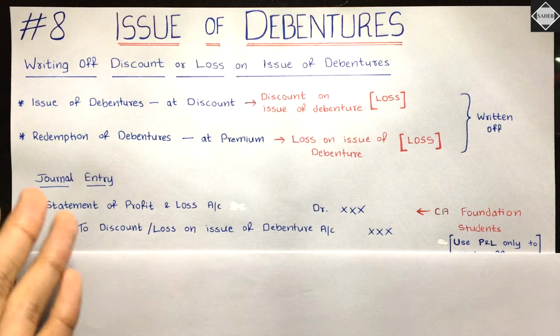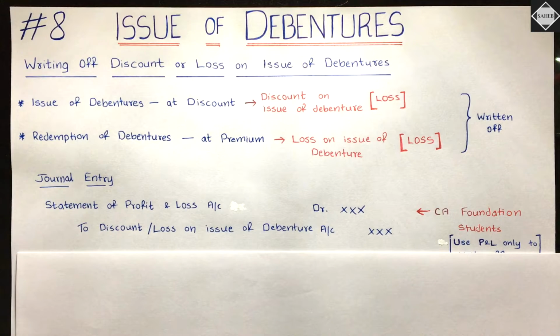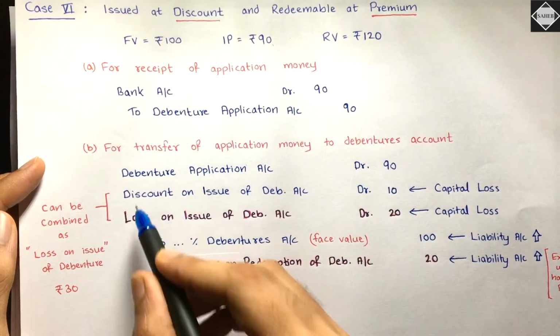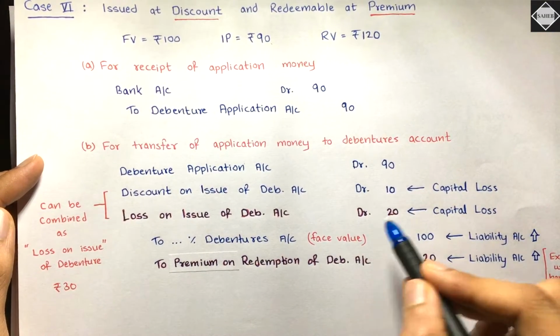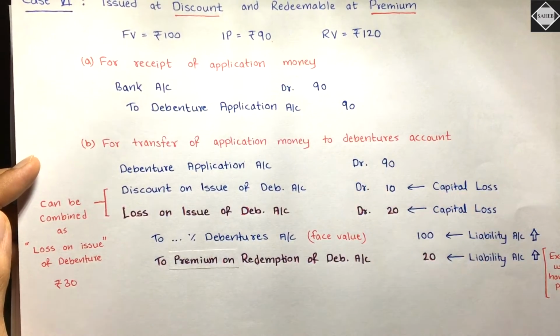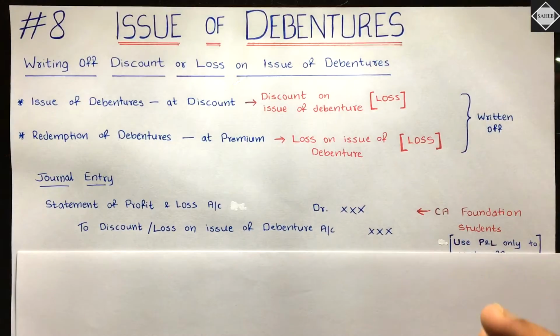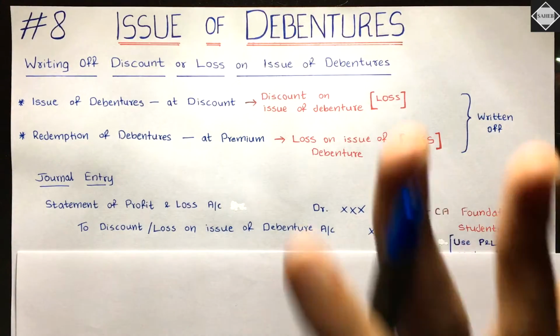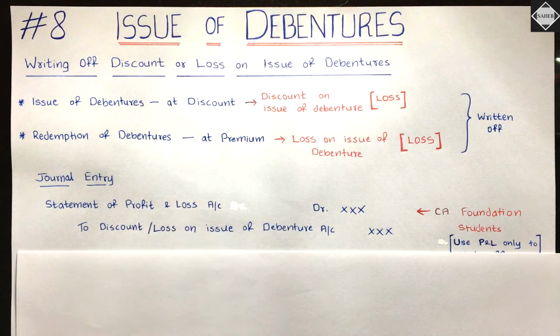So what is happening in this journal entry? See, it's really simple. First, at the time of issue, you debited discount and loss on issue of debenture. 10 rupees loss has happened, 20 rupees loss has happened. You recorded them. And then you did some calculation of how much you have to write off in the current year. Let's say 10 rupees you have to write off this year.